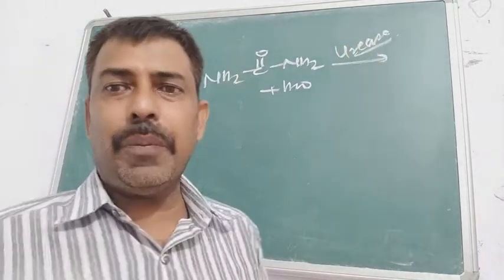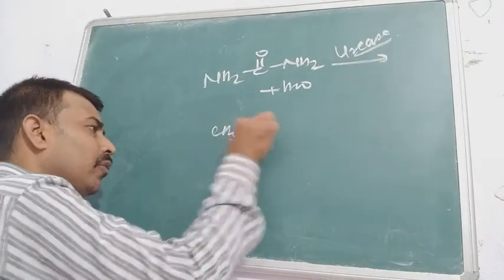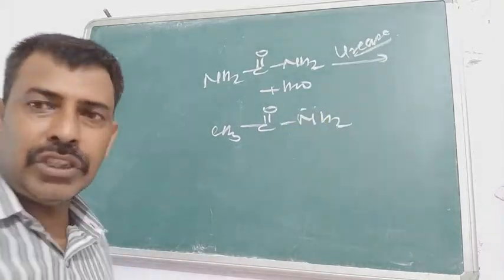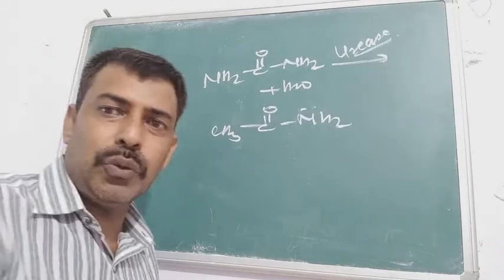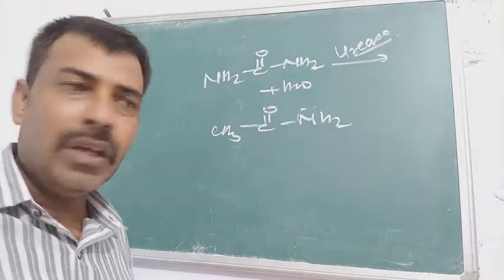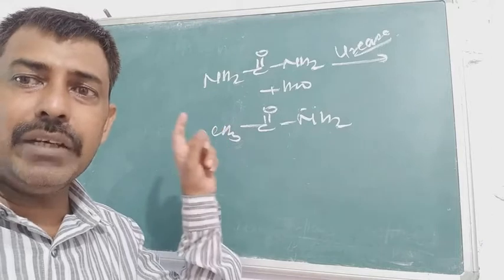This enzyme is capable of hydrolyzing urea. But if you take another compound, ethanamide, CH3CONH2, you will find that the molecular mass of both systems is identical. The functional group in both systems is the same, again amide.